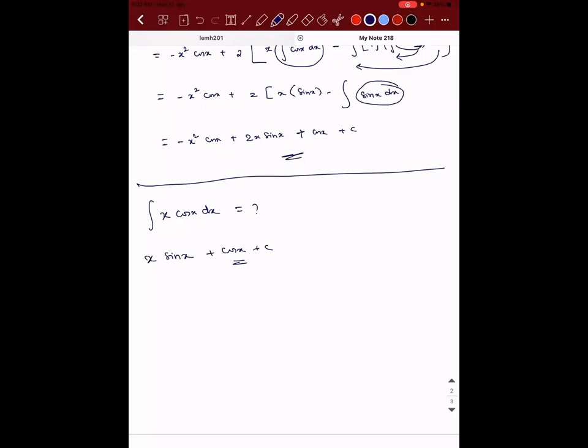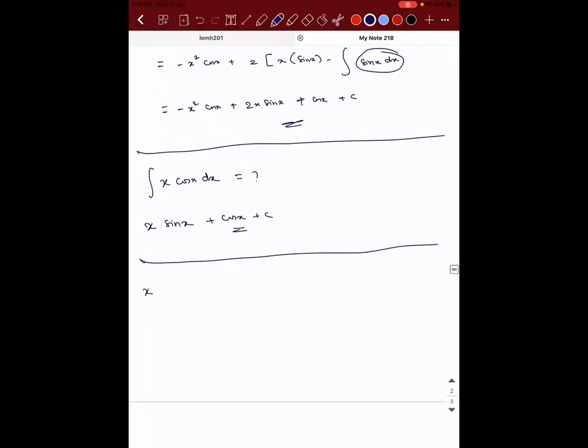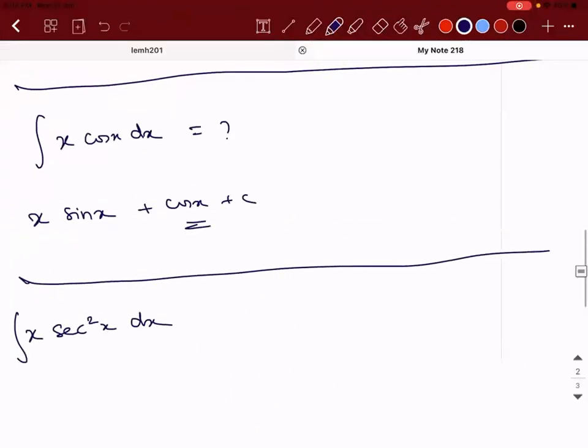Right. Now we are ready to try a slightly tougher problem. Try this: integral of x secant square x dx.